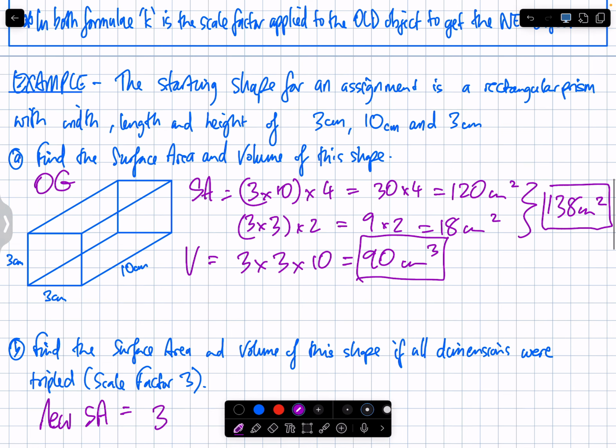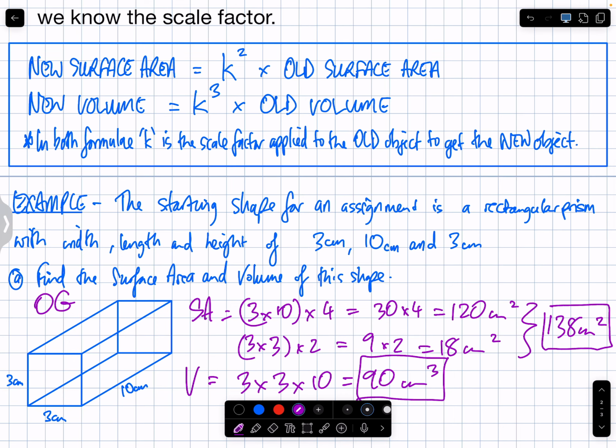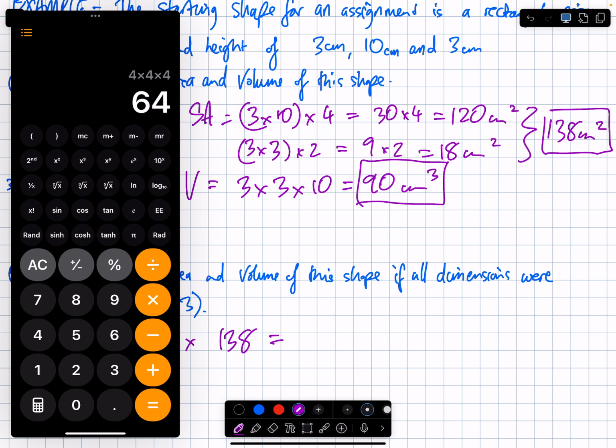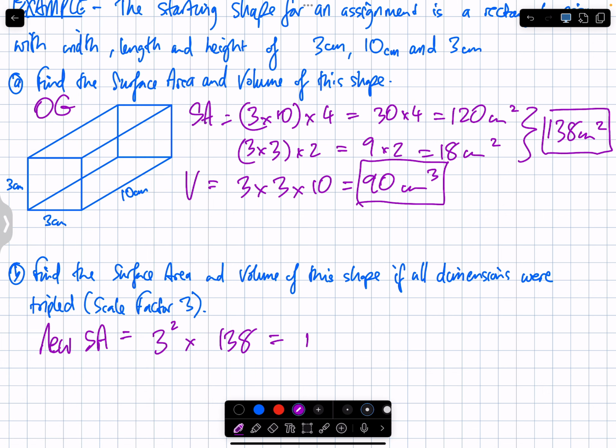And in your shortcut for surface area, was it squared or was it cubed? Squared. Times by the OG, which was 138, which will be 9 times 138, 1242 square centimeters.